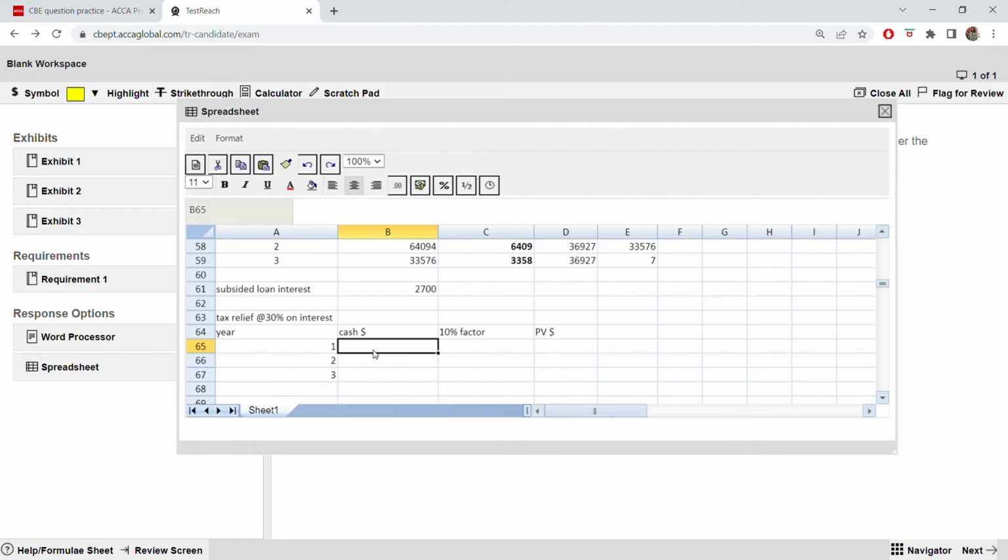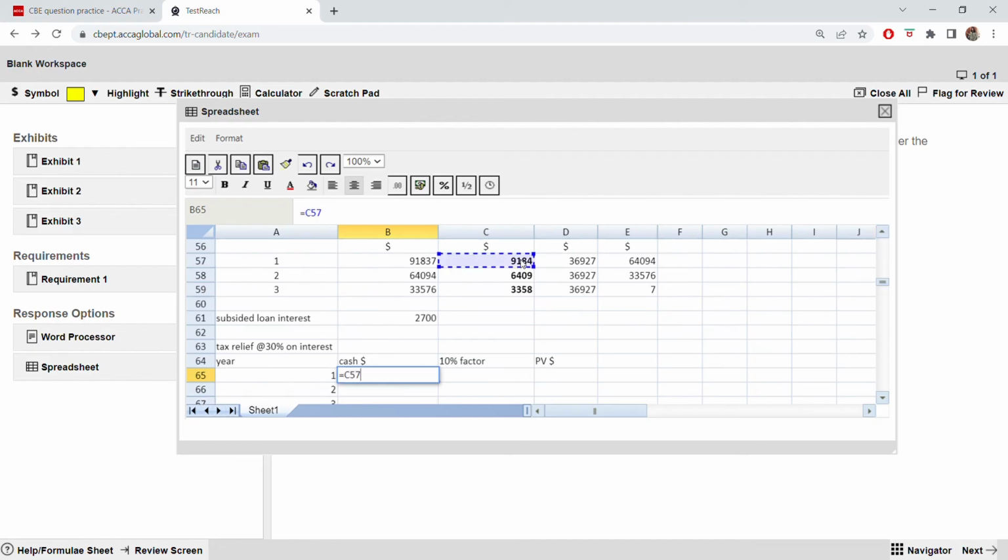So you add both the interest and just apply 30%, equal to this plus this. Enter 30%. Now see what happens without the bracket. It's correct or not?